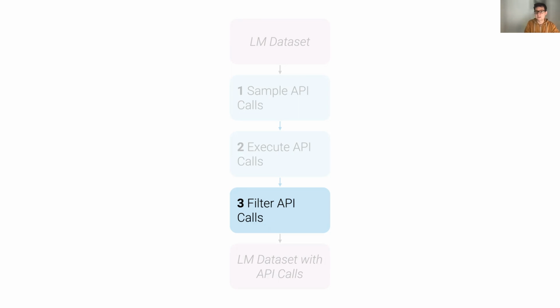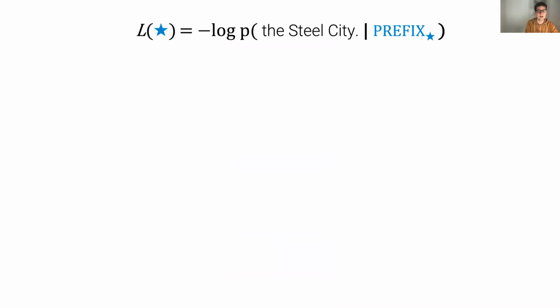For now, let's look at a single API call, and let's stick with the example that I've shown you earlier. The example where our text was Pittsburgh is also known as the Steel City. We're going to need two very simple equations. The first one is shown here on the top.